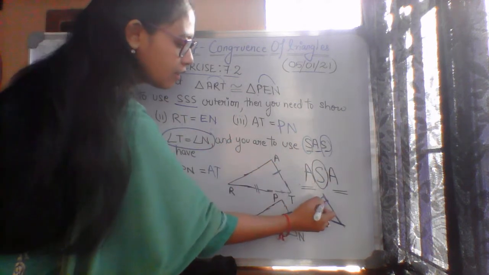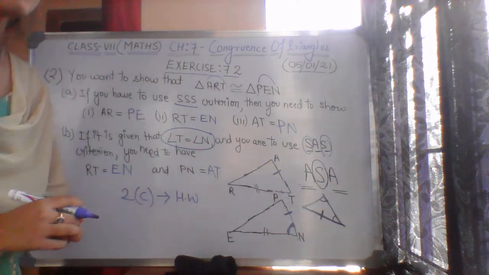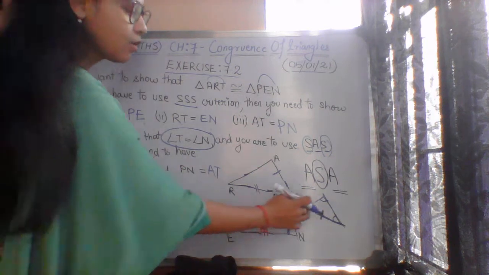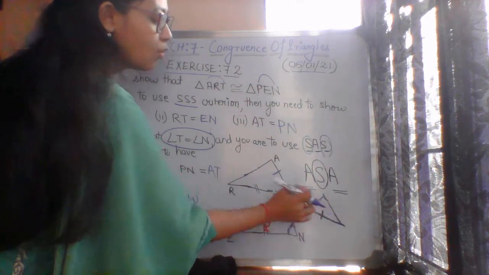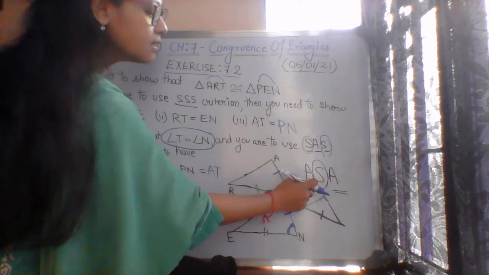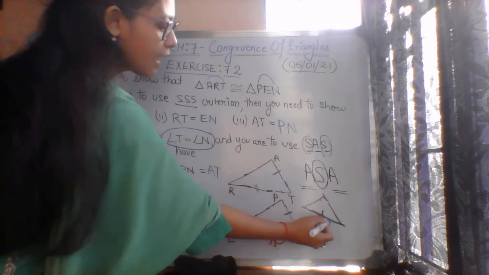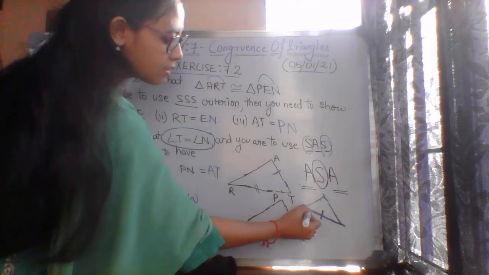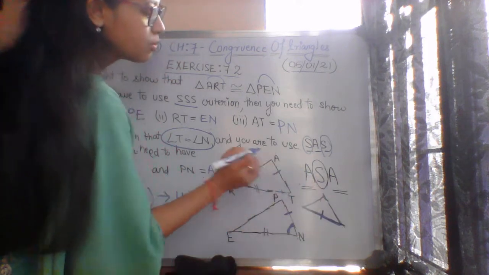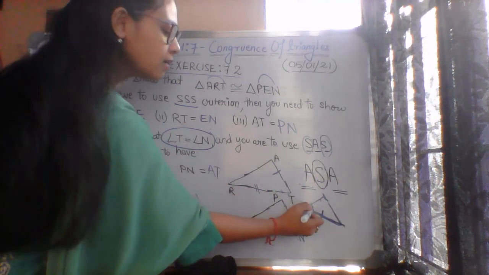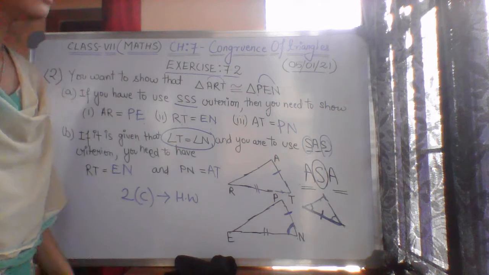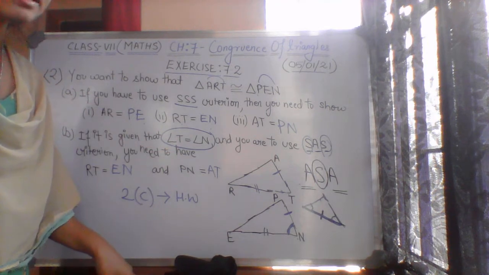Will you take these two angles? No, we cannot take these two angles. We have to take the angles which have this side as one of the arms. This side should be in the middle and the two angles will be at the extreme ends.